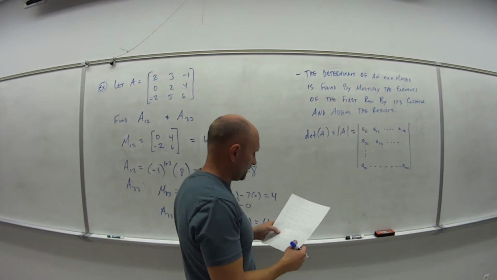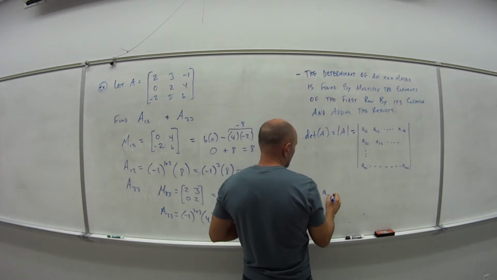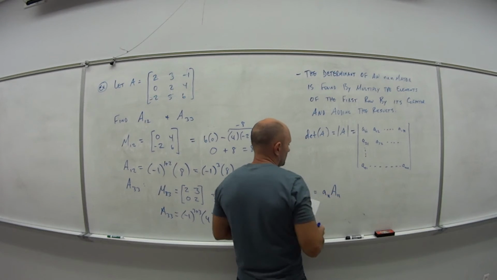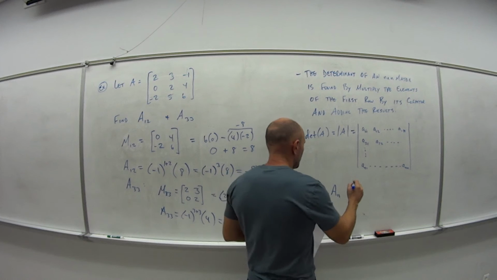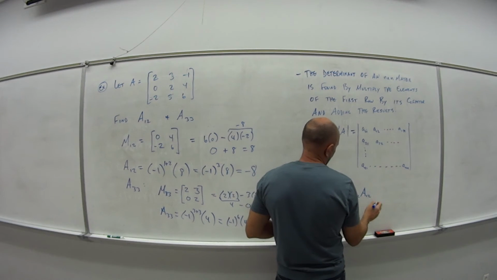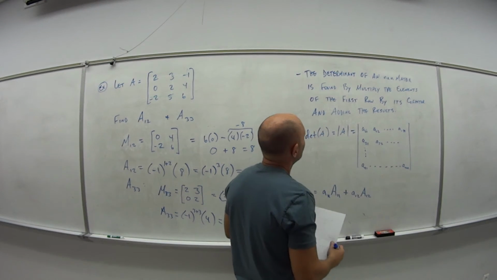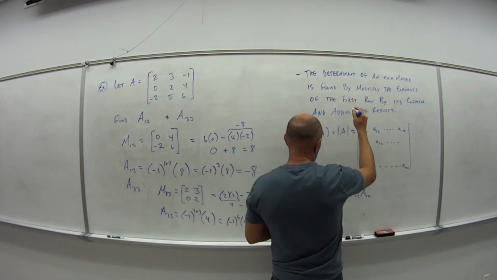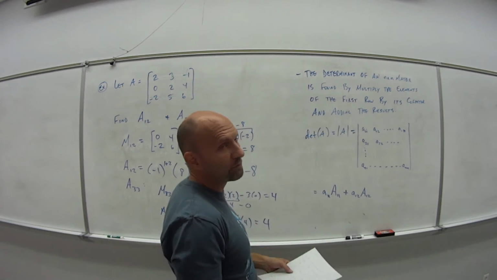So this determinant is going to be A11 times the cofactor A11 plus A12 times cofactor A12. And you do this for the whole row. We'll find out it doesn't just have to be the first row.